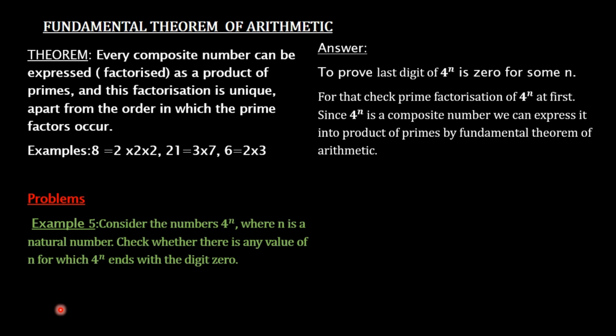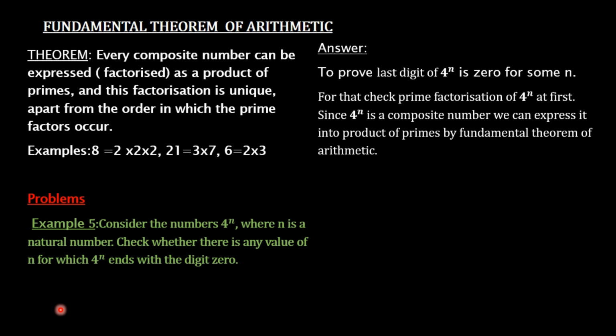Okay, you know which numbers end with 0? Those numbers are multiples of 10, that is 10, 20, 30, 40, 100.